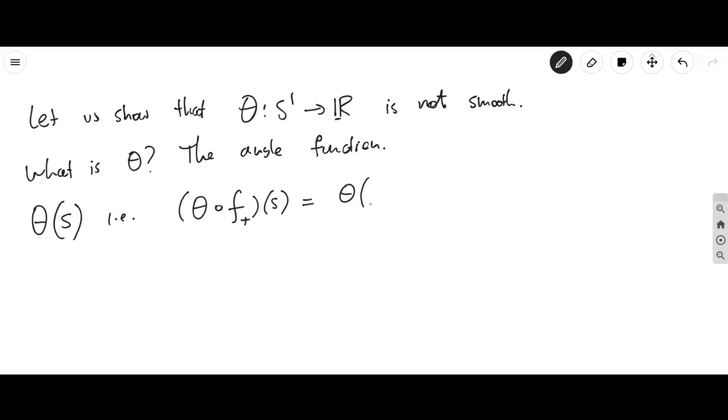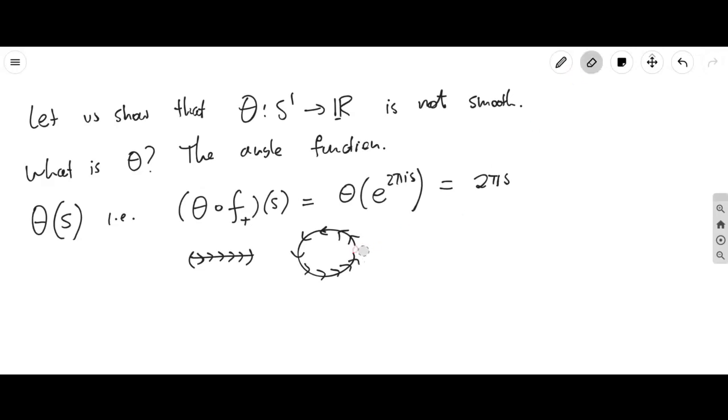So this would be the angle of e to the 2 pi i s. And the angle is right there. That would just be 2 pi s, because this is the function that takes the interval and wraps it around the circle like that. As you can see, you're staying away from 0 and 2 pi, so there does not seem to be any problems.